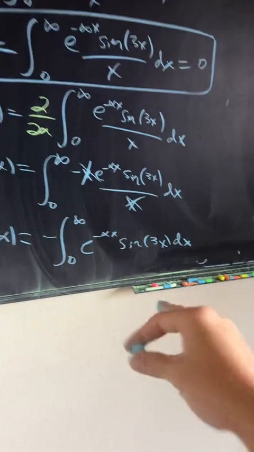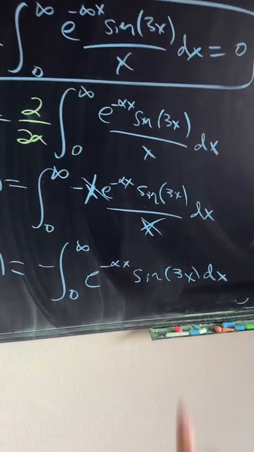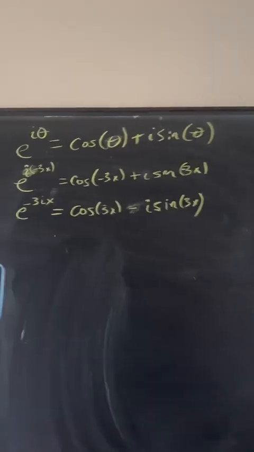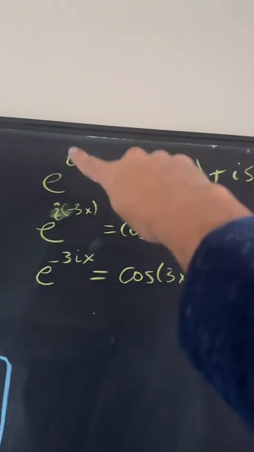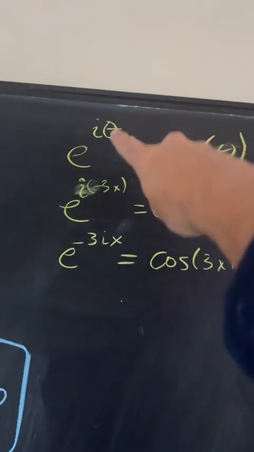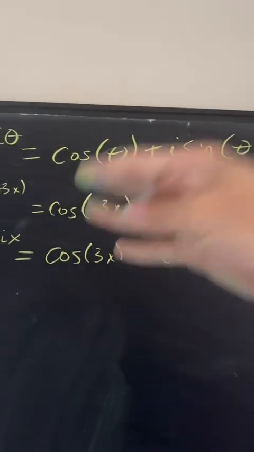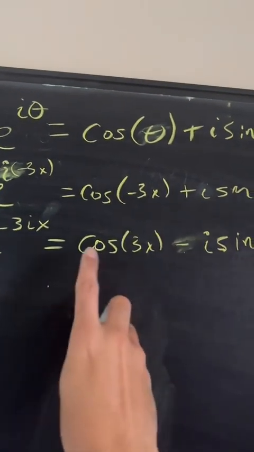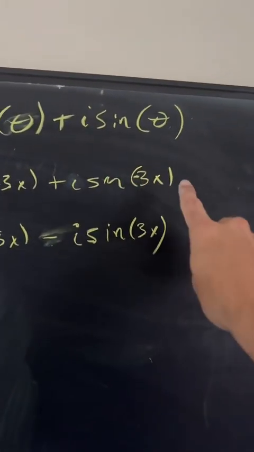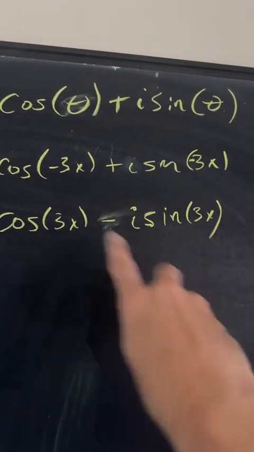Okay, so this is where we're gonna go ahead and bring in our Euler formula to talk about that sine 3x. Here is our Euler formula where theta is the argument. So now we're gonna change that theta into negative 3x. So we plug in negative 3x for every argument for the cosines and sines. Cosine is even, so that just becomes cosine 3x. Sine is odd, so that negative can come on the outside, and now we have negative i sine 3x.